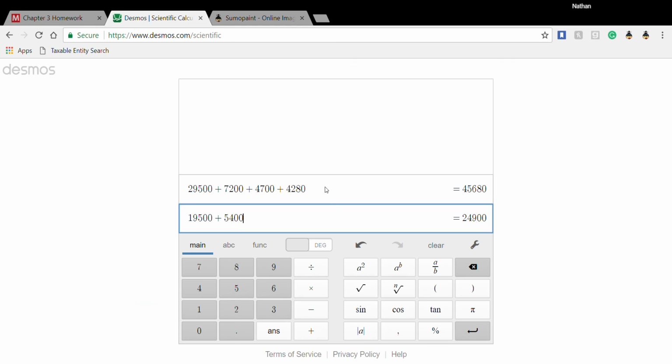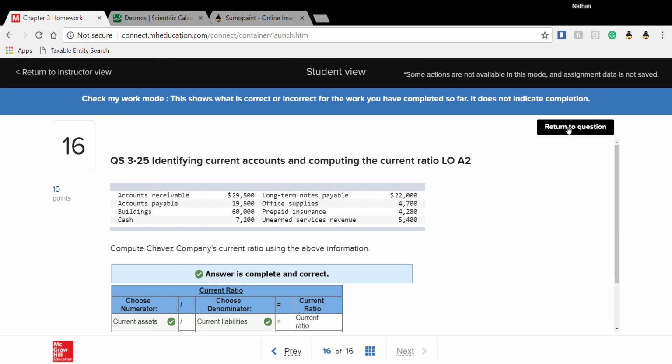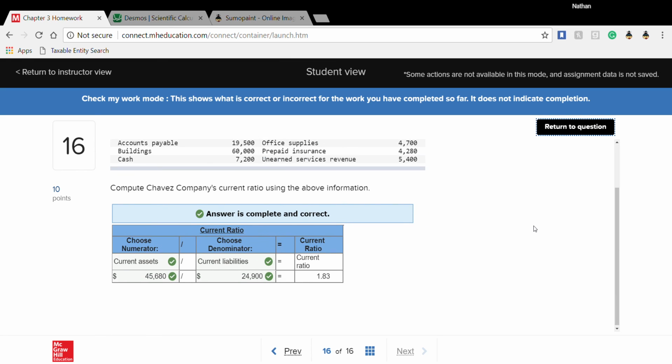Yep. So we only have liabilities of 24,900. And it's supposed to be about 1.83. Again, check my work. Boom, everything's good. Rock on.